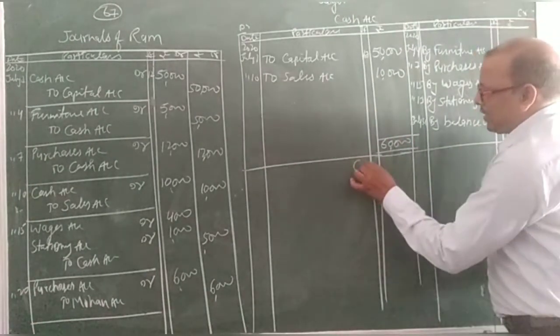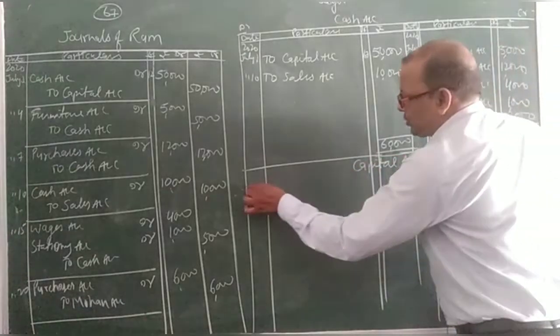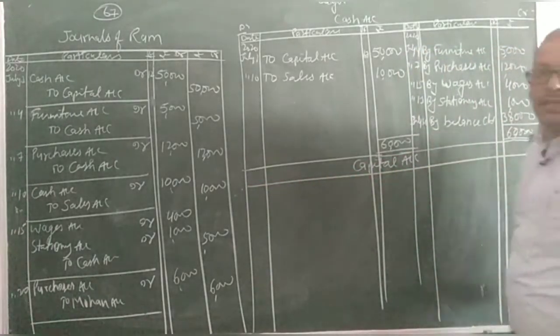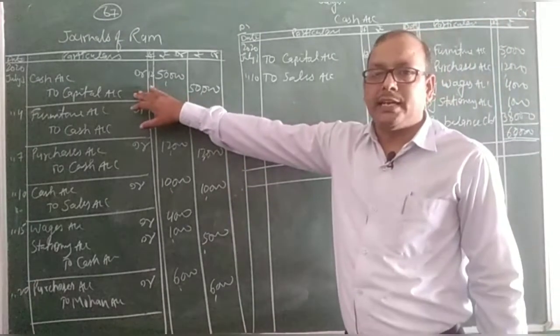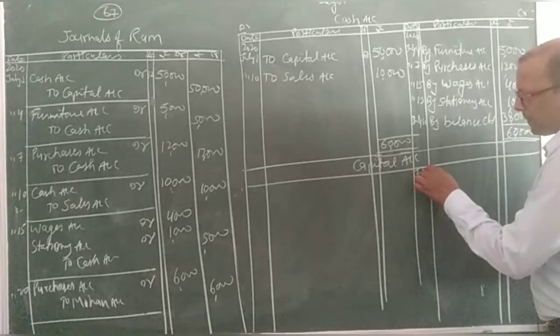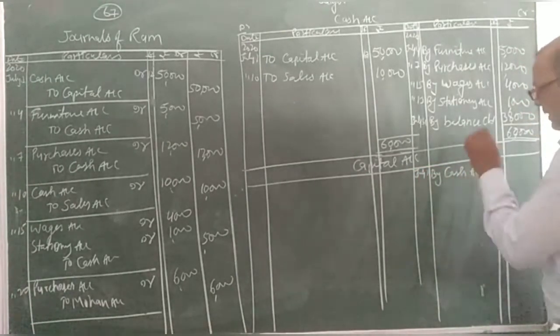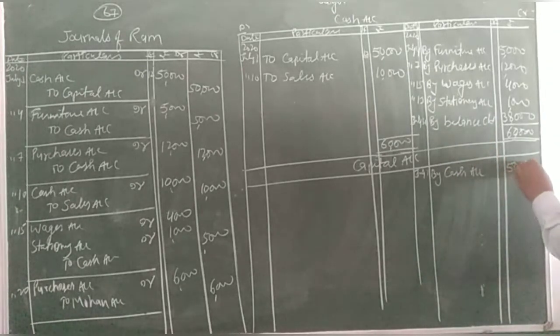The next account is the capital account and it is a personal account, so it should also be balanced. In the journal entry, capital is credited, so posting will be on the credit side. The date is the same, July 1. The opposite account is cash account, so by cash account it is 50,000.